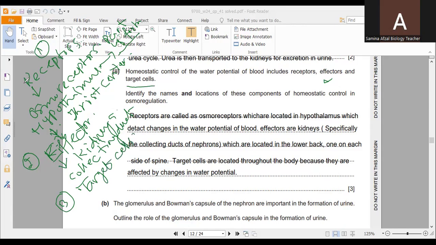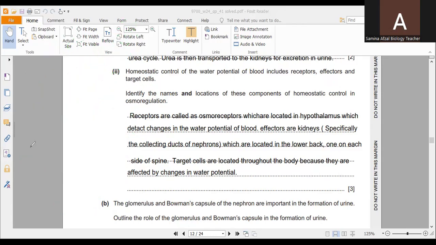Now, after this explanation, I would like to move on to how these three components work. First of all, I would like to start with the osmoreceptors, which are the receptor cells.